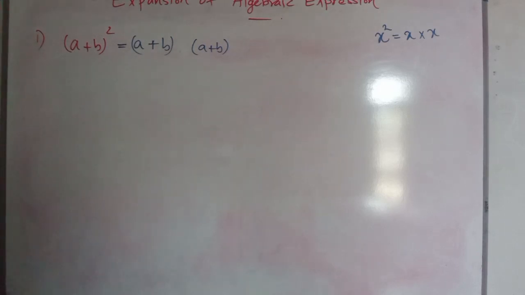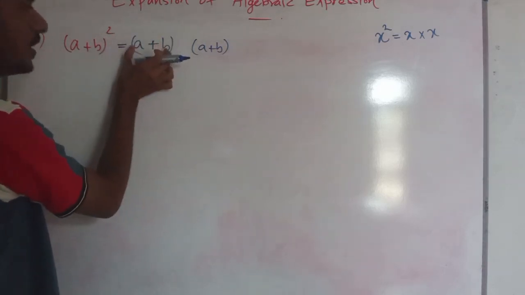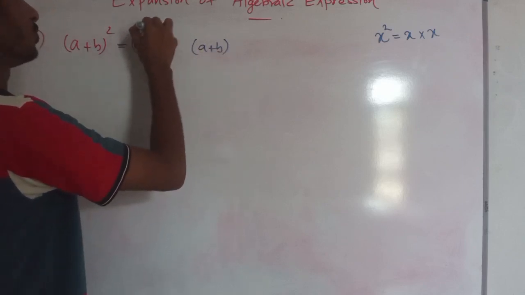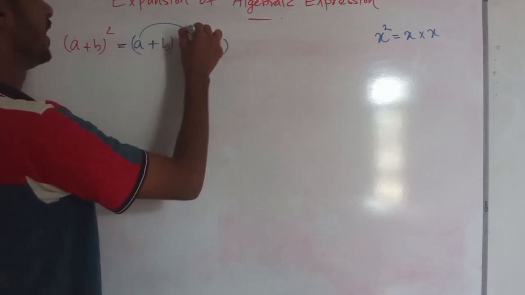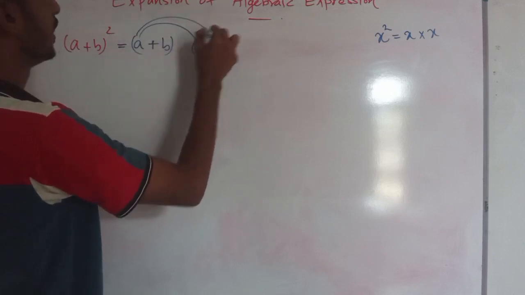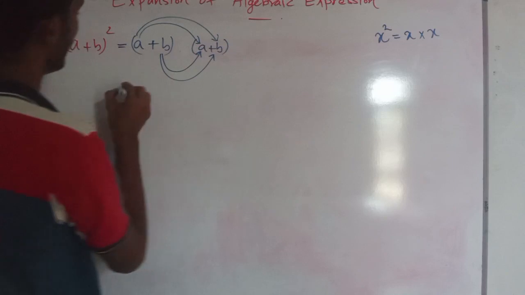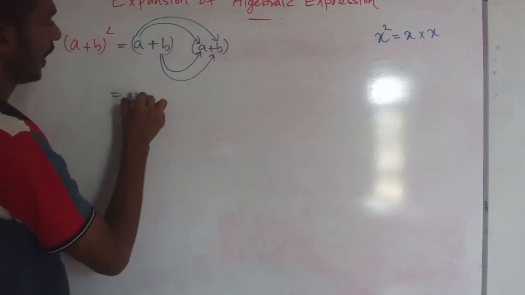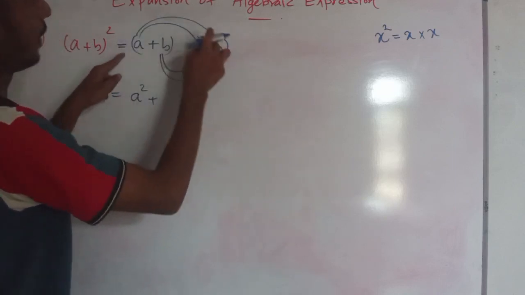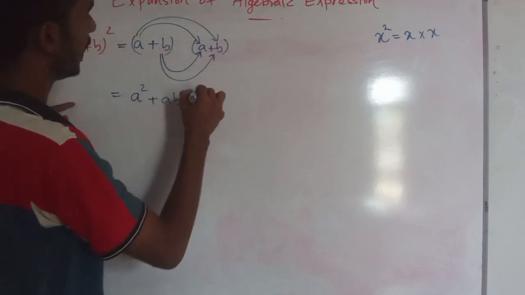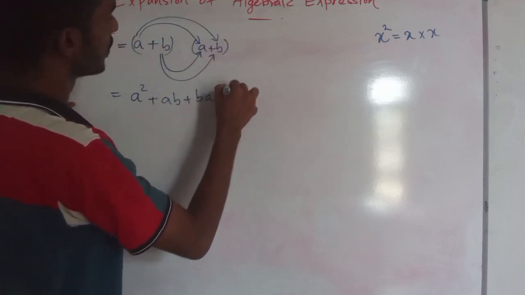Now what I have to do is, in this expression we have two terms, and here also we have two terms. Now this a should be multiplied by this a and this b, then this b should be multiplied by this a and this b. So we will get a times a, a squared, plus ab, right? So a into b, ab, plus ba plus b squared.